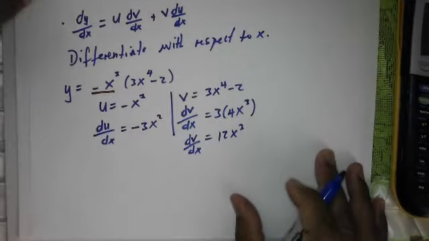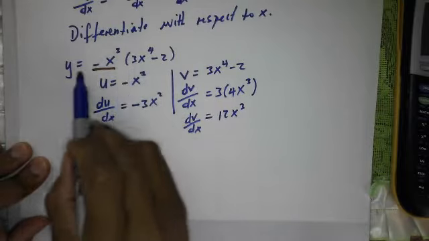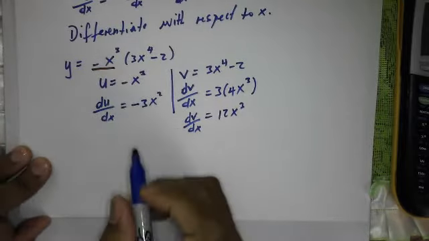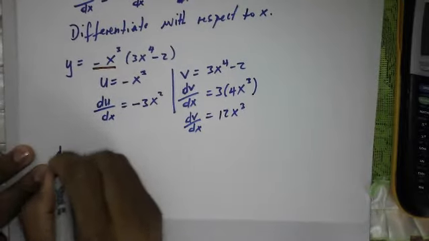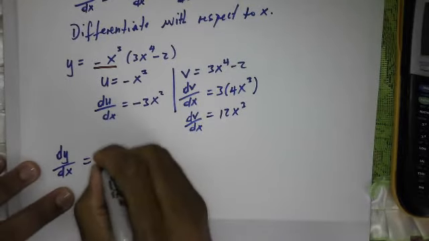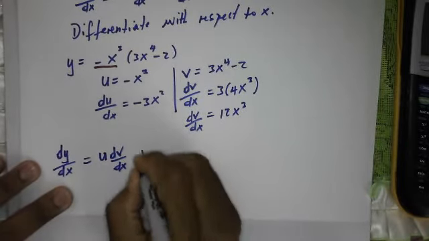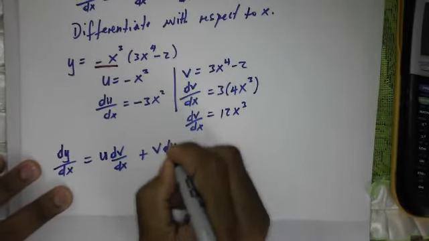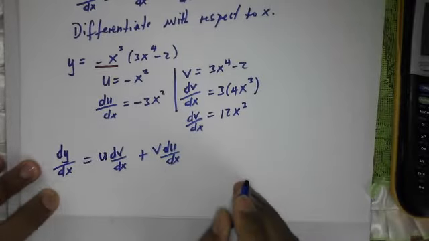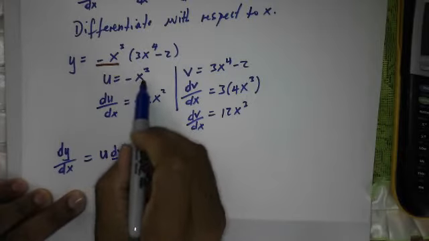Okay? Now, we want to differentiate this entire function here. So we are differentiating y with respect to x. So it becomes dy by dx, and that equals u dv by dx plus v du by dx. Okay? So here is u.